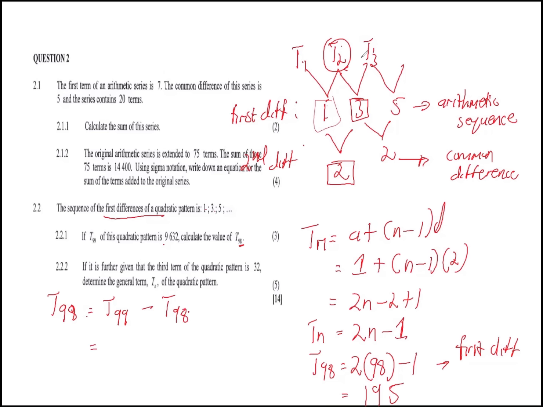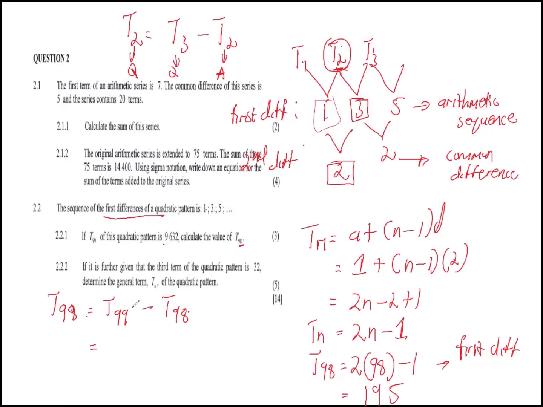Same way I've been saying, if I want to get T2 here, I would say T2 is equal to the T3 from the quadratic minus the T2 from the arithmetic, so that I get T2 of the quadratic.